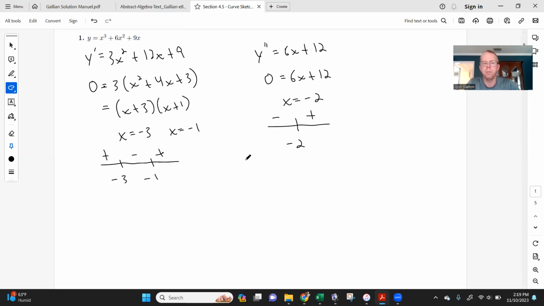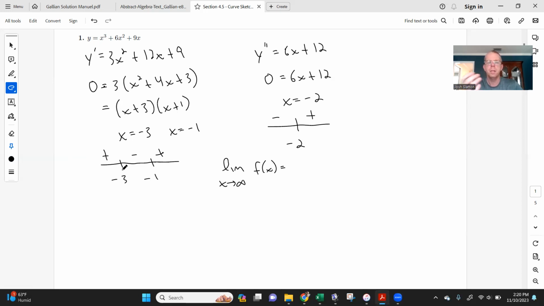One other thing we're going to look at is the limits as x goes to infinity. This is actually more important when you look at rational functions or exponential functions, because we can pretty much get this here. From -infinity to -3, we're increasing, so we're coming up like this that whole time.